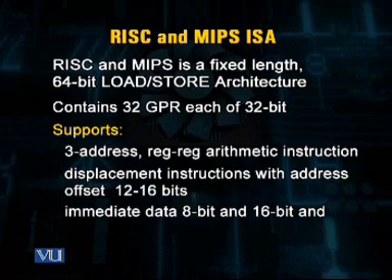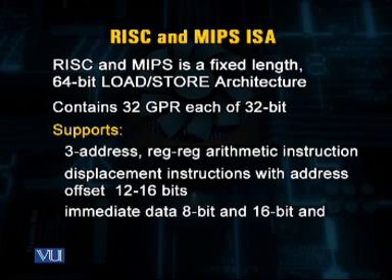From this slide we can see that the RISC and the MIPS is a fixed length 64-bit load store type of architecture, and it contains 32 general purpose registers. Each register is of 32 bits, whereas it supports 3 addresses: register arithmetic instructions, displacement type instructions, and address offset of 12 to 16 bits.